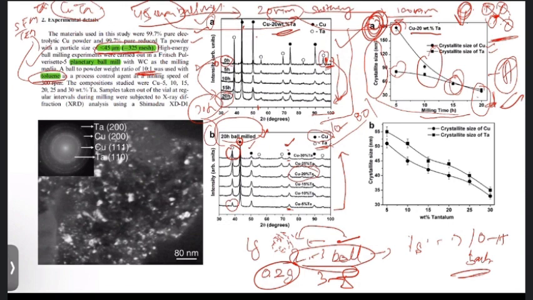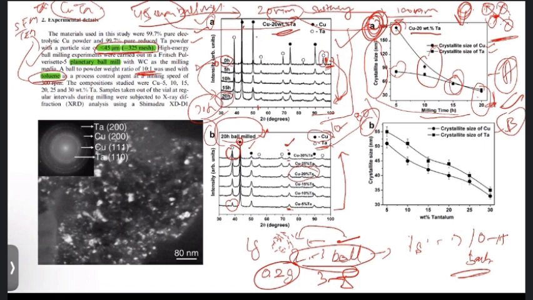Now see graph B. It is a similar graph, but now it is covering all the percentages: 5%, 10%, 15, 20, 25, 30. Some information is missing over here, I think it is after 20 hours.